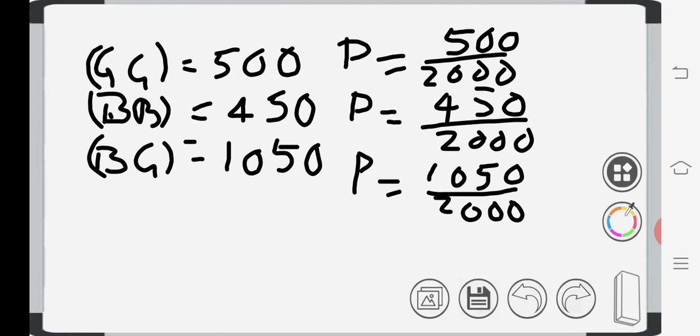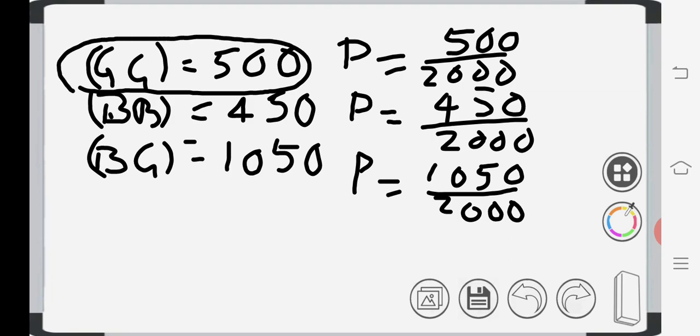Then one more question. What is the probability of at least one boy? At least one boy means we cannot take the first pair, girl pair. The remaining two pairs can be taken.